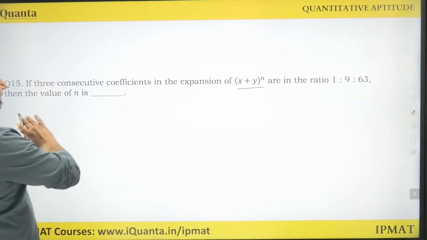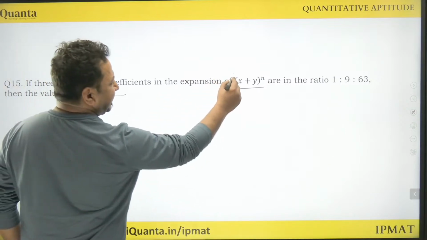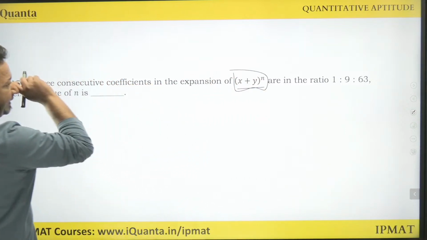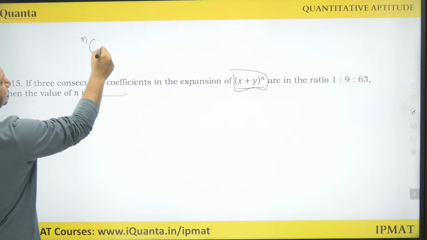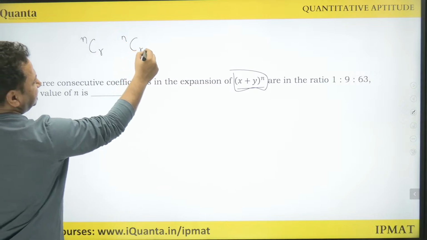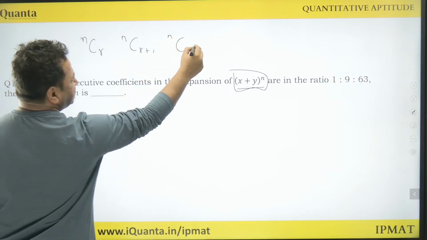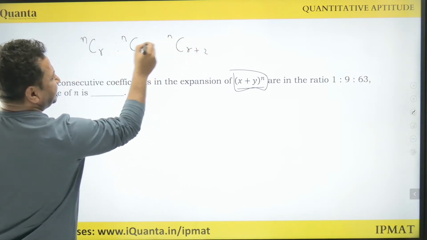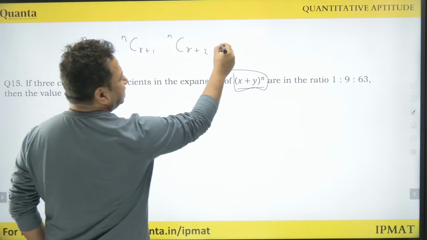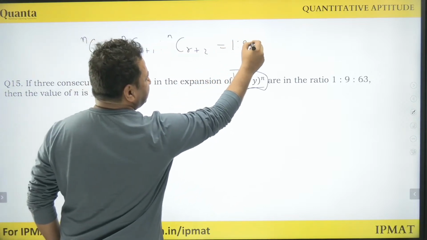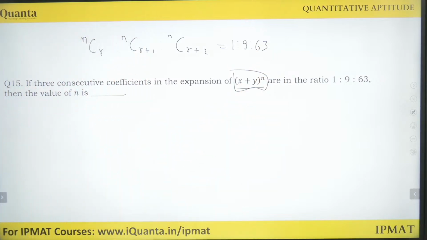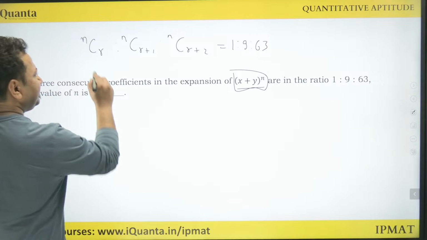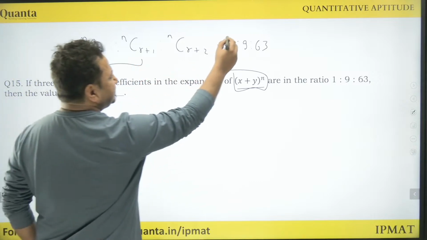By the way, if I expand binomially and I assume any three coefficients to be nCr, nC(r+1) and nC(r+2), then the ratio is given as 1:9:63.